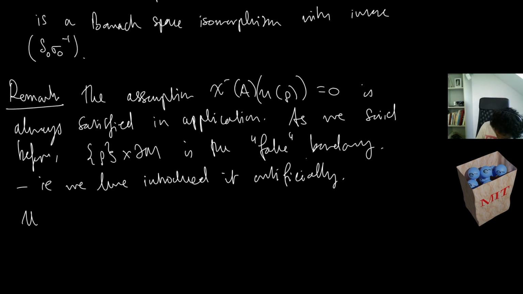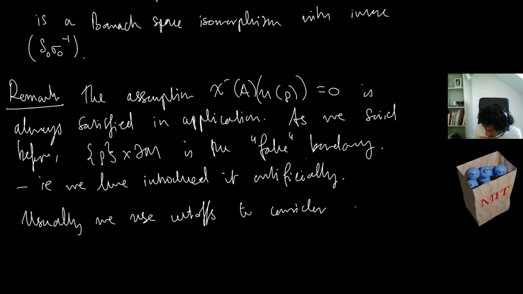So usually we use cutoffs to consider u such that the support of u is contained in this rho, right?